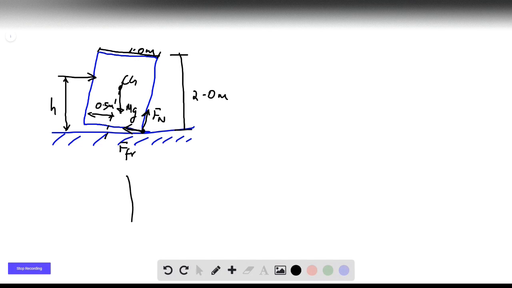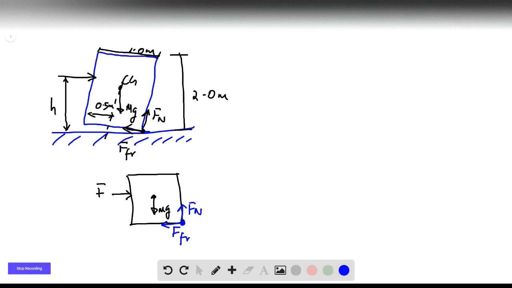We can think about the box before tipping. It has a weight right there, and then there's a force pushing it, F, towards the right. So this is a special location right here with Fn and F, the frictional force, and the normal force that opposes the weight.